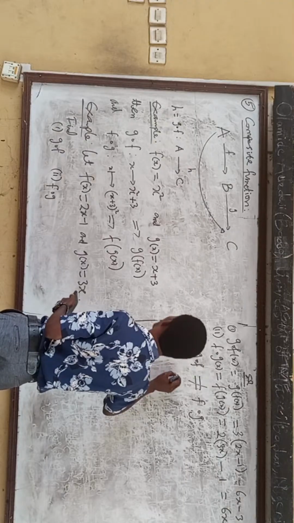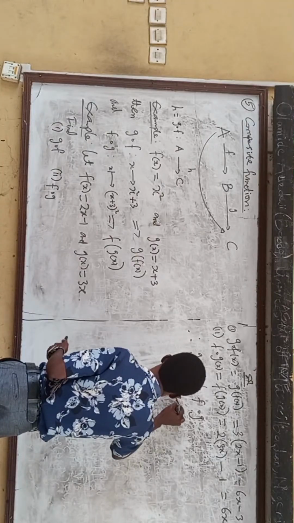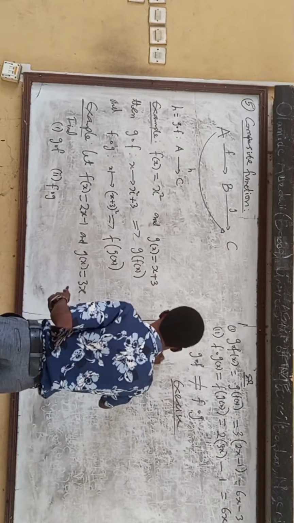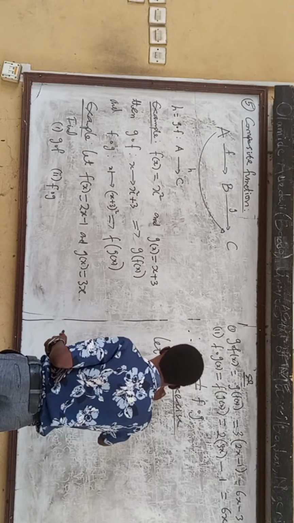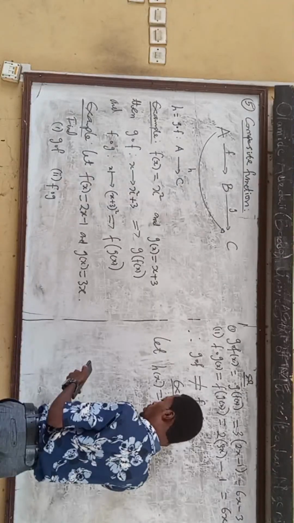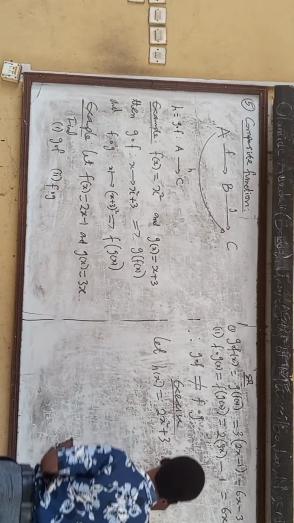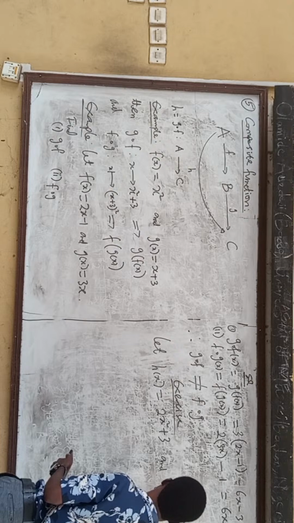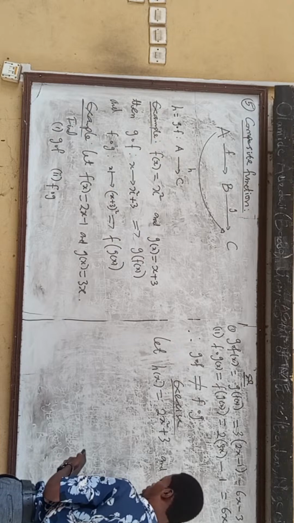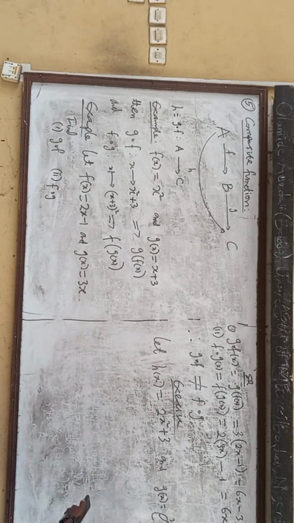Let me give this as an exercise for 30 seconds. Let h of x be defined by 2x squared plus 3, and let g of x be exponential cube of x squared minus 5.